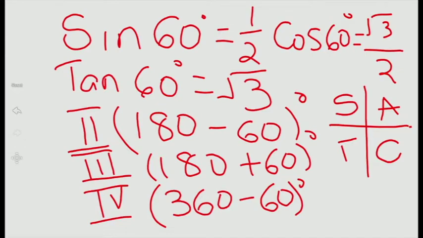So once you know where an angle is found and the sign of the trigonometric ratio in that quadrant, it will be easy for you to find it, because they've already given you the ratios of the corresponding angle in the first quadrant. Now let's look at what they asked here. They want the sine of 120 degrees. 120 degrees is an angle corresponding to 60 degrees in the first quadrant.